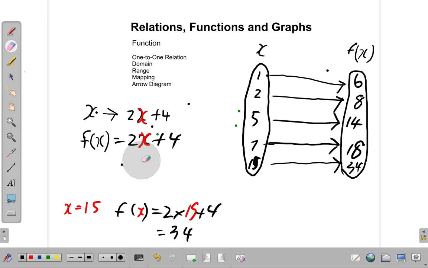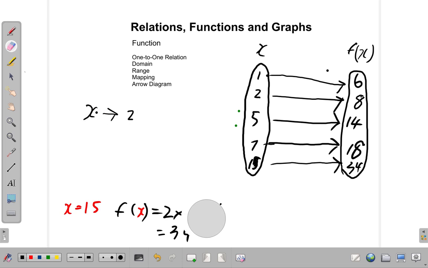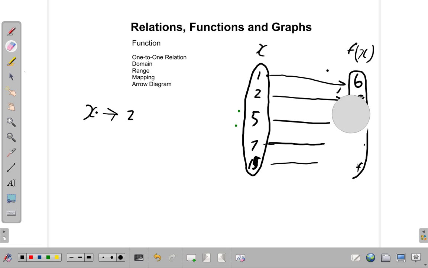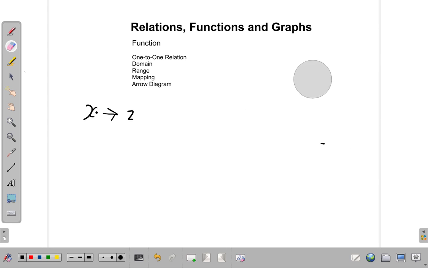Now let us look at another example. Let's erase these first. We want another example. Suppose we have f of x is equal to x squared. We're going to square x this time.